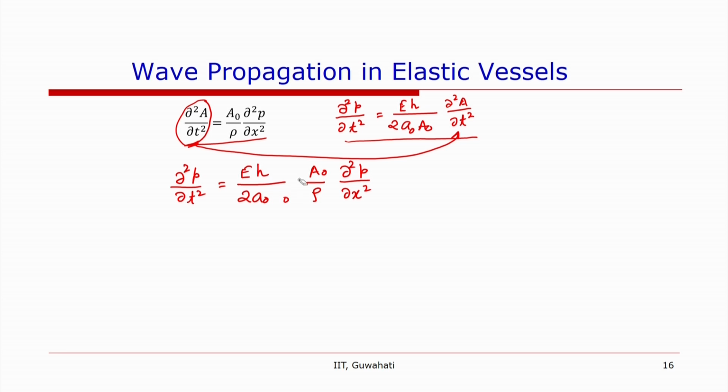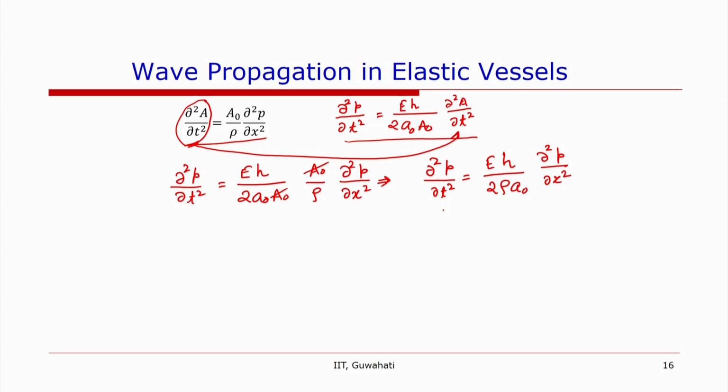So A naught and A naught are cancelled out, and we will have our equation as, maybe we will just write them and cut them. Okay, so this will be del 2P over del T2 is equal to EH over 2 rho A naught del 2P over del x2.